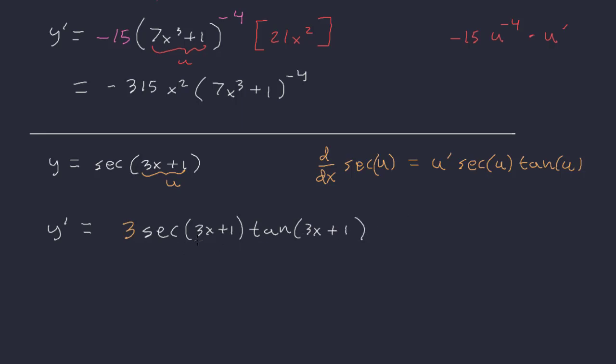Okay, so in both cases here, this is a u, and this is a u. Okay, and the derivative, this is u prime, is just 3 in this case. But the final answer, just to write it in a less cluttered form, is 3 secant of 3x plus 1 tangent of 3x plus 1.